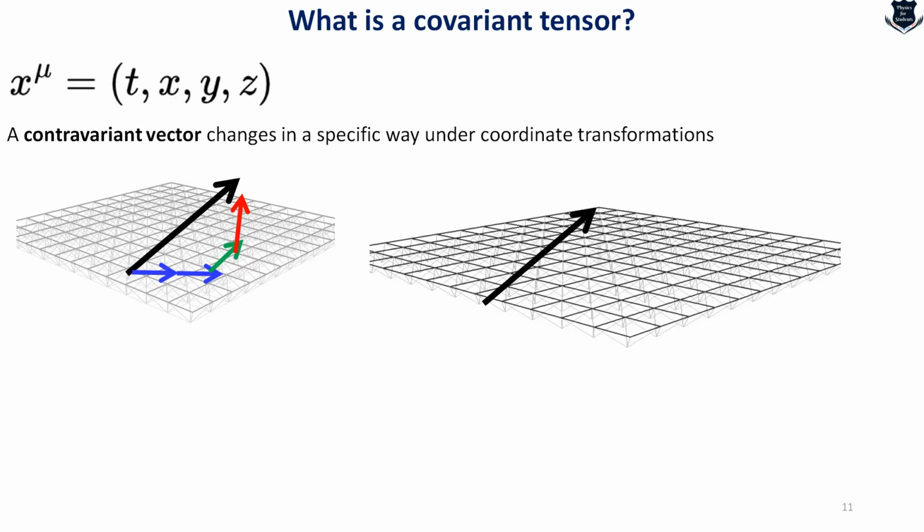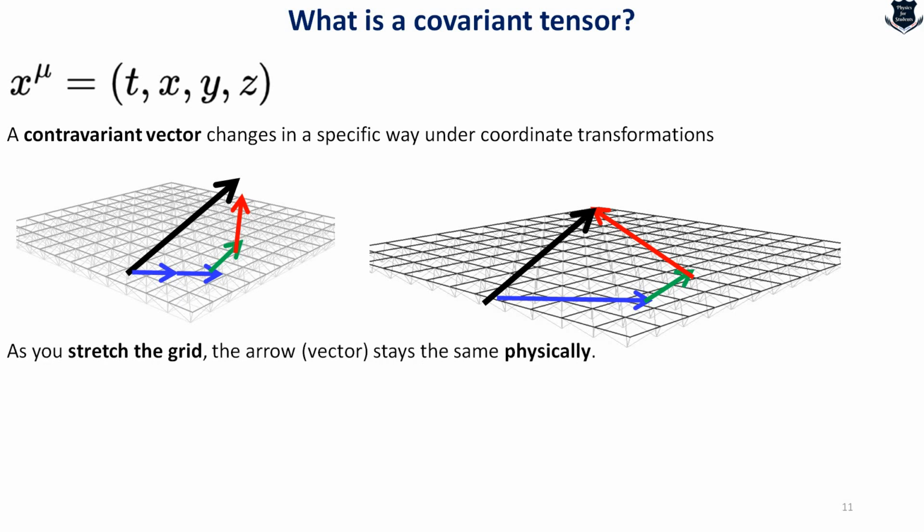Now what you can see because of the stretching is that we need only 1 unit of blue vector, 1 unit of green vector, and tentatively 1 unit of the red vector. The diagram I have drawn manually without mapping the coordinates, so apologies, it might look a little bit different. So what we can see is that as you stretch the grid, the arrow stays the same physically, but in the original coordinate system, the unit is 1 meter long.